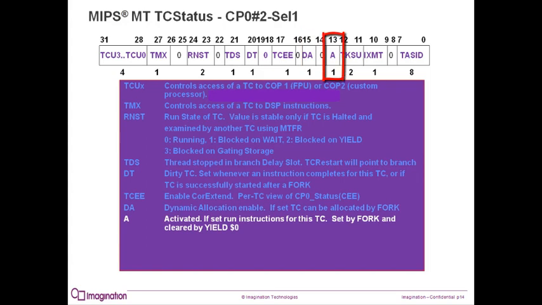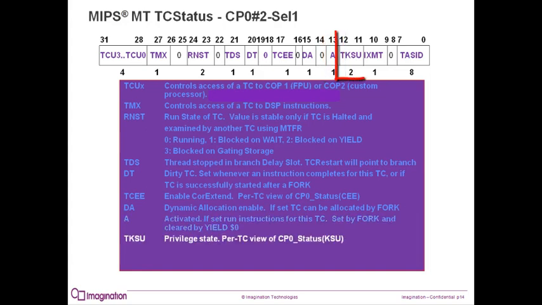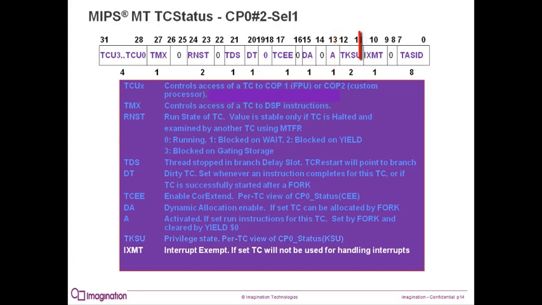If the activated bit is set, the TC is activated, and when the halt bit is cleared, the TC will fetch instructions. The TKSU field is a duplicate of the status register's KSU field. When either is set, both are modified.